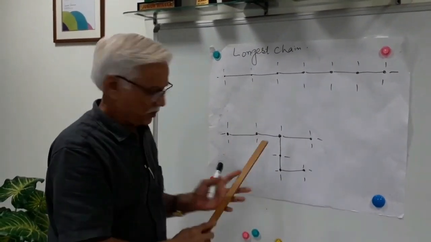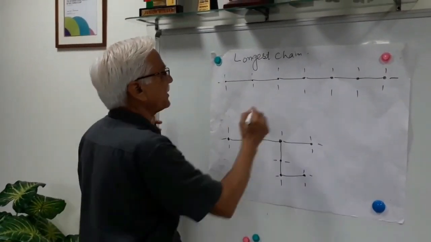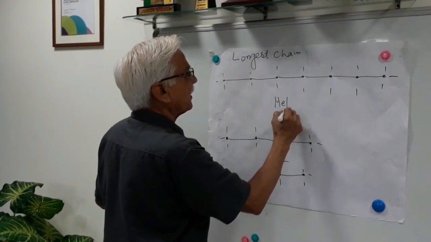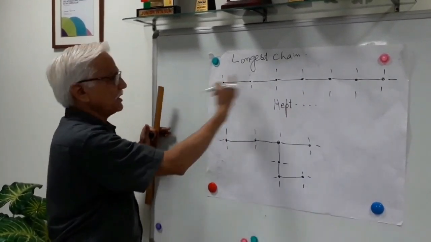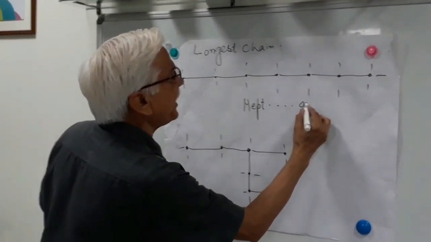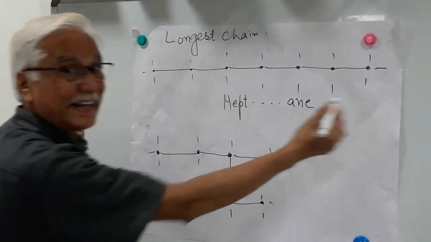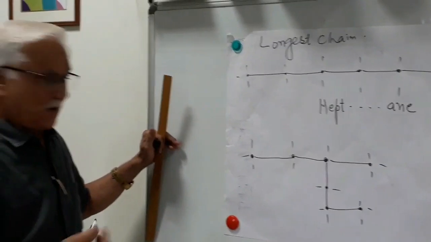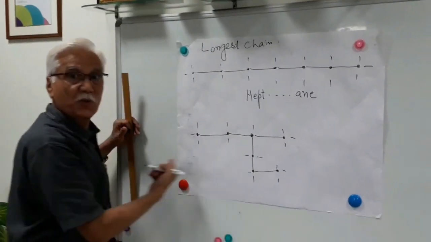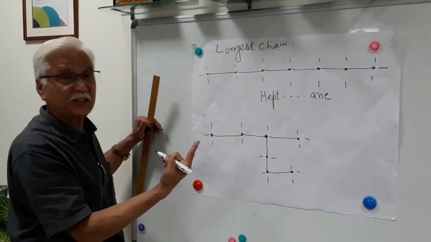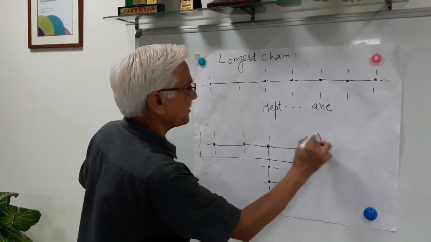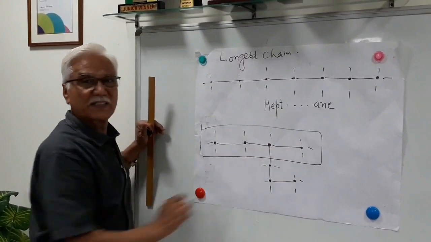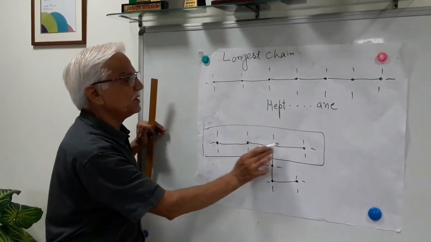So 7 carbon atoms means hept. And then of course, if it is a saturated hydrocarbon, it will be ane. So the name will be heptane. If it is branched, now this is a branched one. Now this is not continuous. How? Say if I consider this part, how many carbons are there? 1, 2, 3 and 4 only.